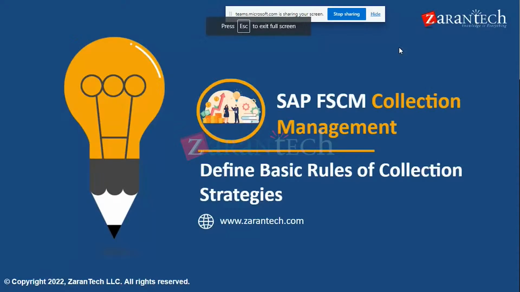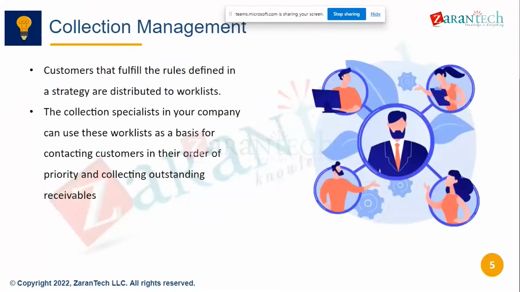Just to sum it up, in the basic rules, first we know how to activate the collection management, and then for which company codes your collection management is active. Now when you define the line items which are transferred to collection management, for that you had to go through three processes.